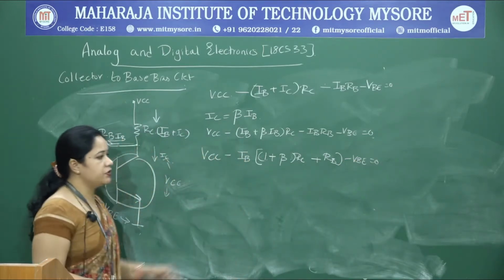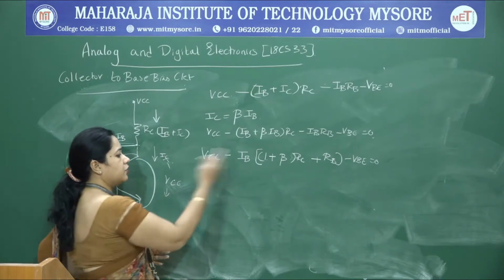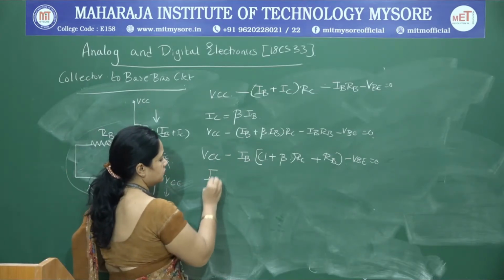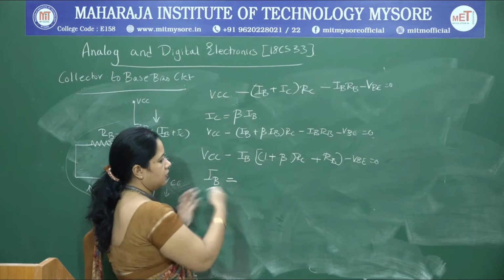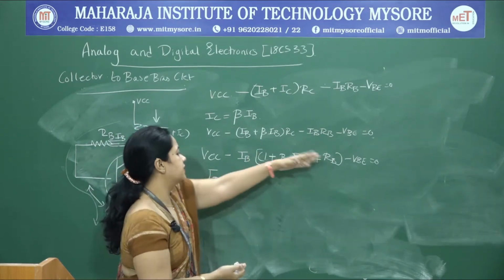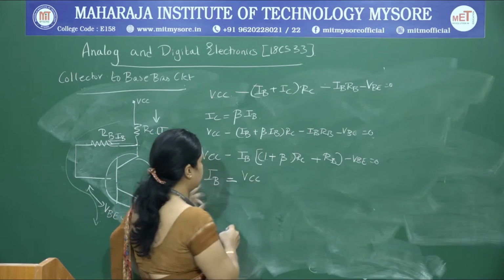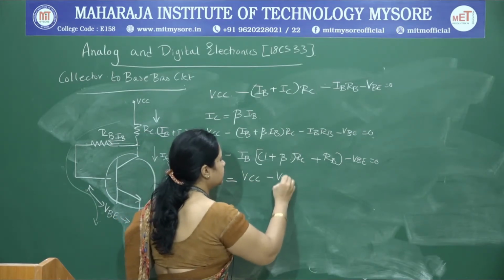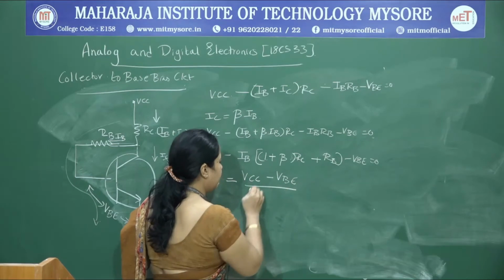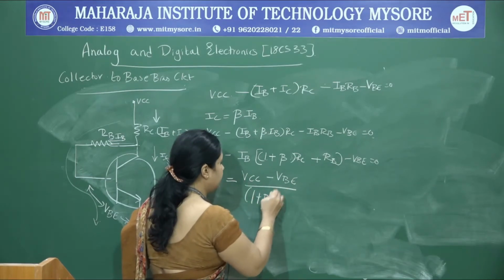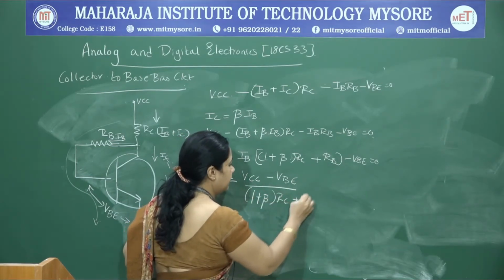I want the expression for IB, so I move this to the left hand side and retain the rest on the right hand side. We end up getting IB is equal to (VCC minus VBE) divided by ((1 plus beta) RC plus RB).